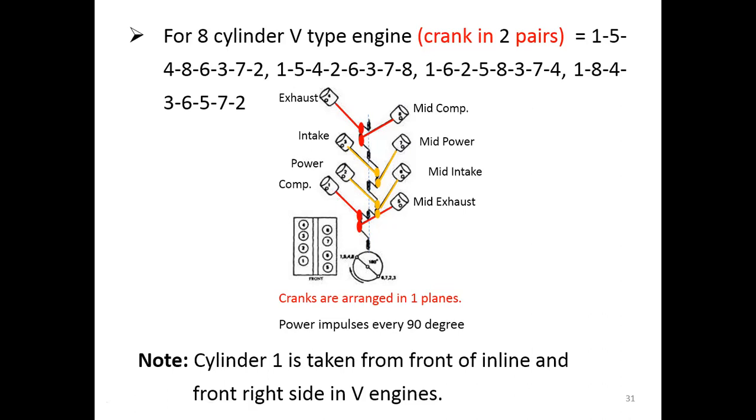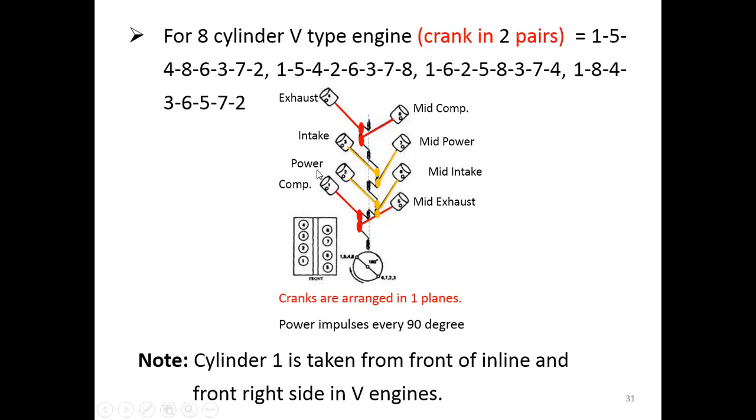For the V-type engine, how can we determine which is the first cylinder, the second one, and the third one, because when you look at the V-type engine, you see 2 cylinders on the same plane. So which one is the first? The rule is that the first cylinder is always taken from the front of the inline and the front right side in the V engine. You have to look at the front, and the one on your right side is the first one.